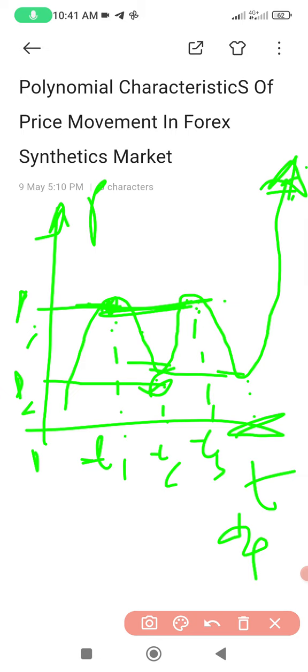That's the sense of this video, to show you that price can create the same events at different times. So if you miss a buy here, don't give up, because the market will return, because it's polynomial in nature. The market will return to the same price to create the same effect.